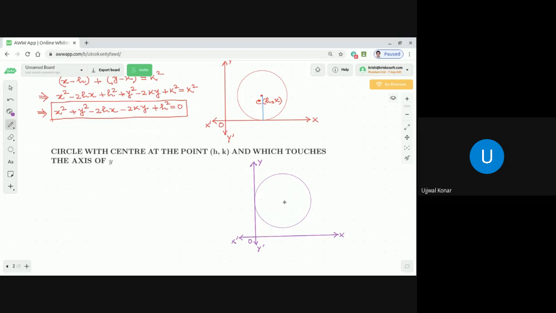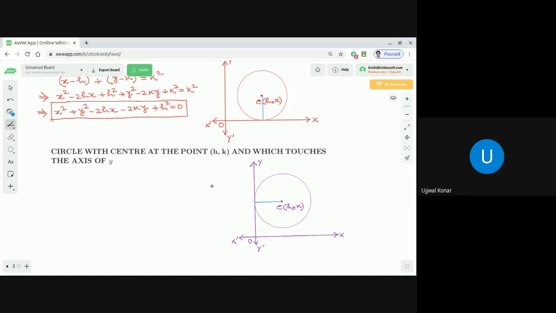Now, this is the center, that is C, with coordinates h comma k, and what we see, dear students, is that it touches the y-axis. So as it touches the y-axis, we can find the radius of this. The radius will be h, correct or not? So this is h, which I draw in blue color.